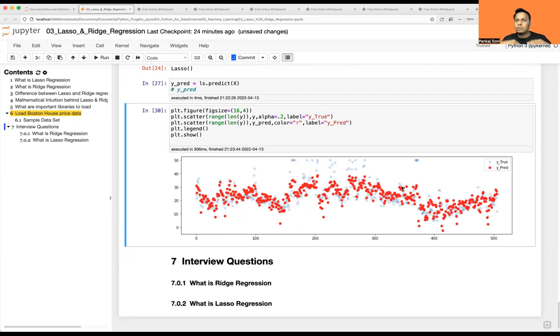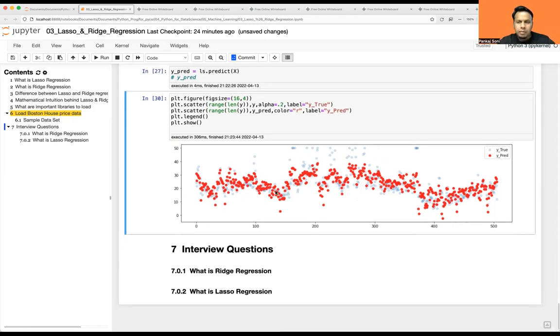Because we have used the whole training data, we haven't split train and test. Whatever training we did, we are using the same data for testing also. If you are going to plot a best fit line, it can be plotted, but I just showed the scatter so that you can see how the data is overlapping. But this is the prediction.